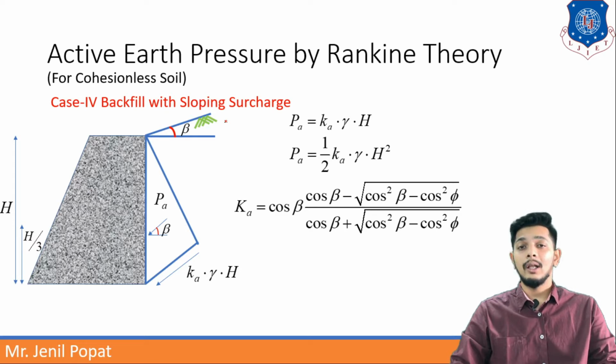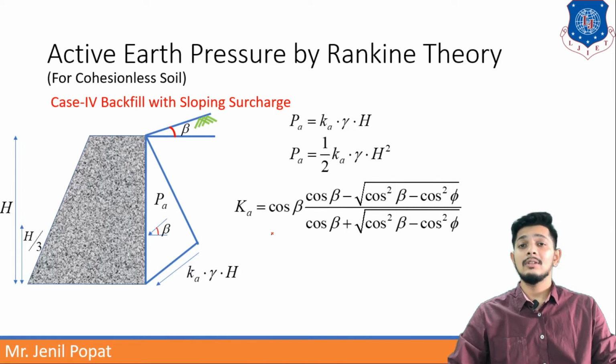So you have to calculate Ka, the coefficient of active earth pressure, with this formula. Then it is very simple. Pressure can be calculated as Ka into gamma into H as usual, and the pressure force Pa can be calculated as 1/2 height into base, that is 1/2 Ka gamma H square as usual. So this is case 4.